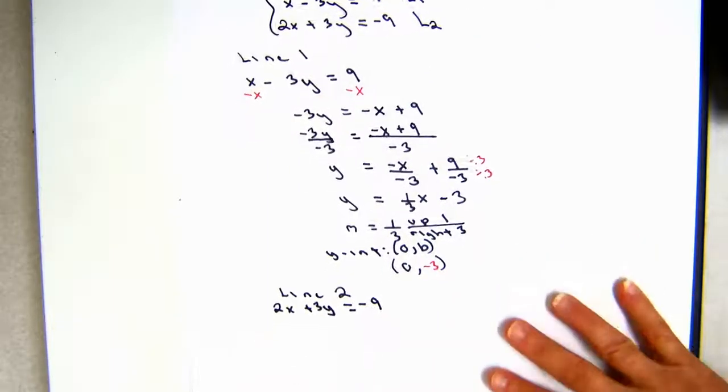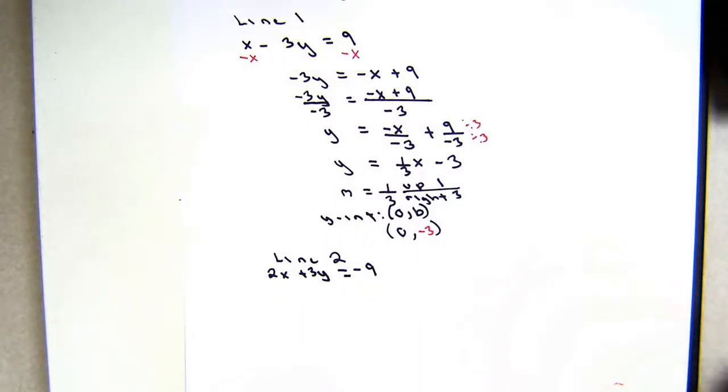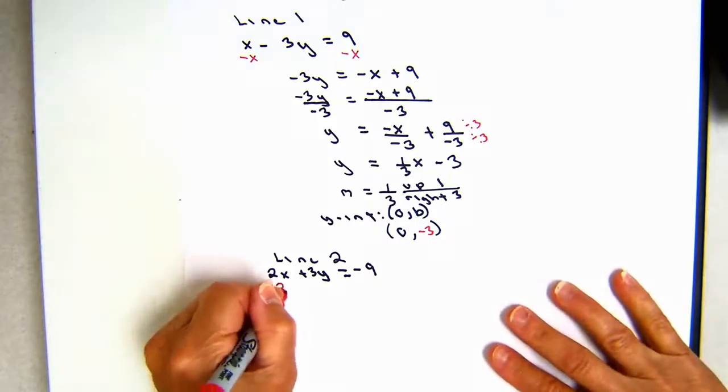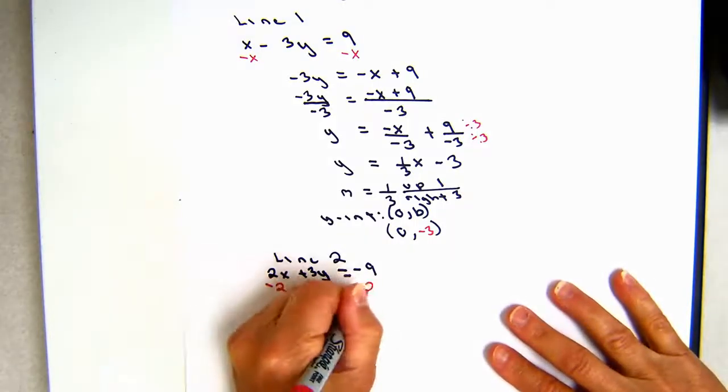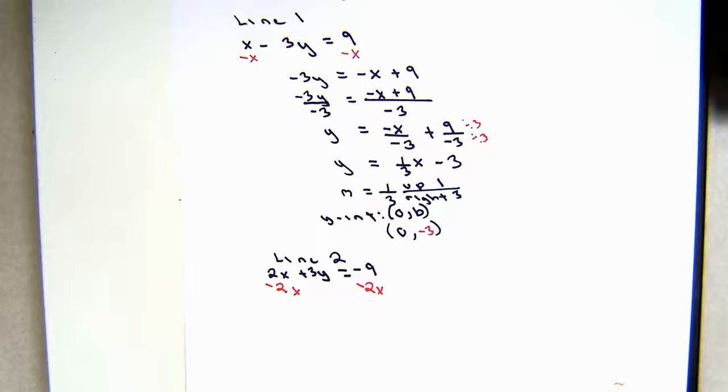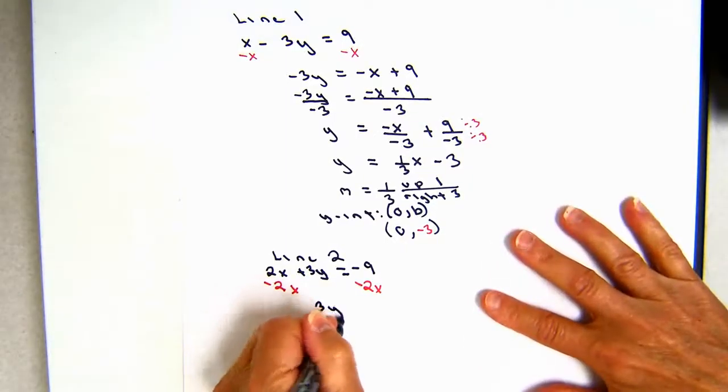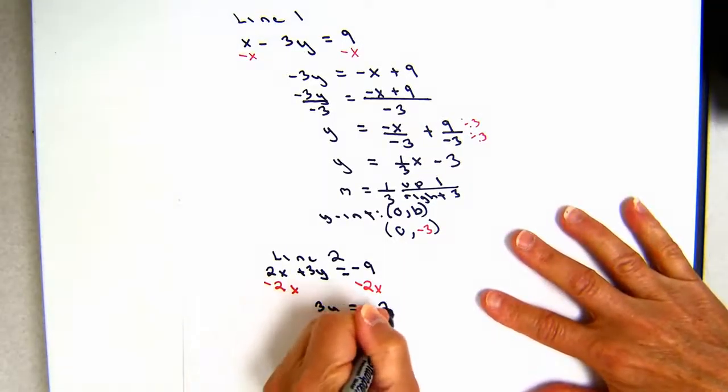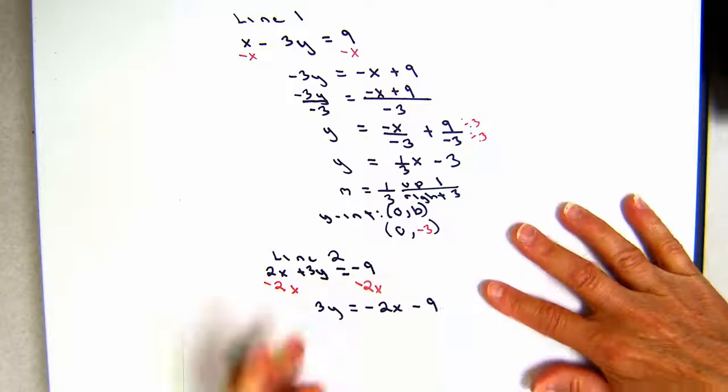Okay? So again, we have to solve for y. Now, to solve for y, the term bothering 3y is 2x. So we're going to subtract 2x, and then we're going to get 3y is equal to negative 2x minus 9. Now what do I have to do?